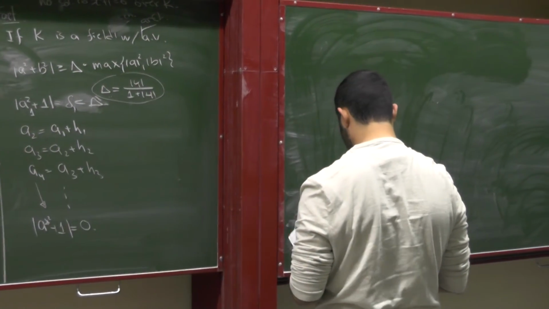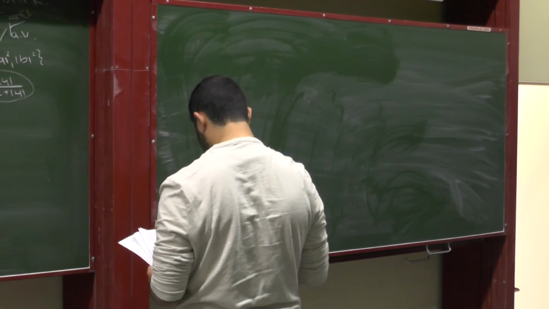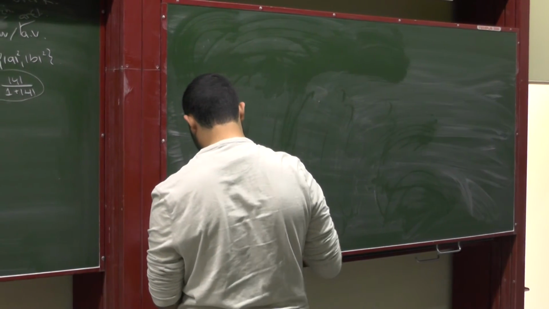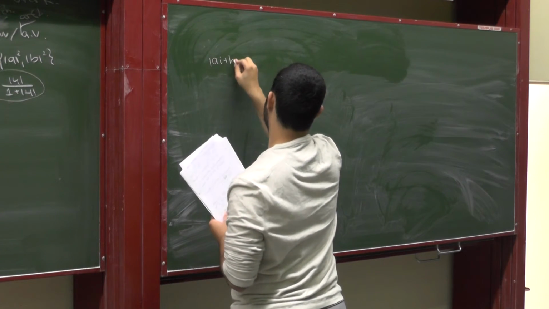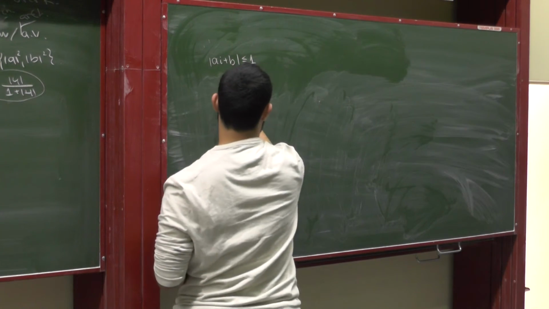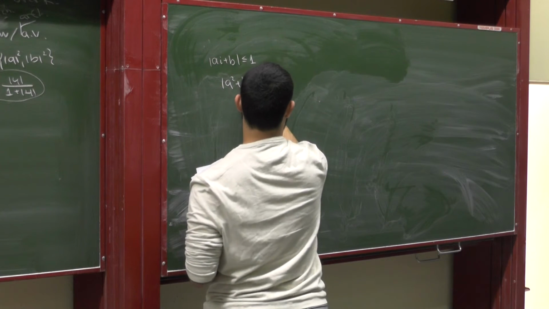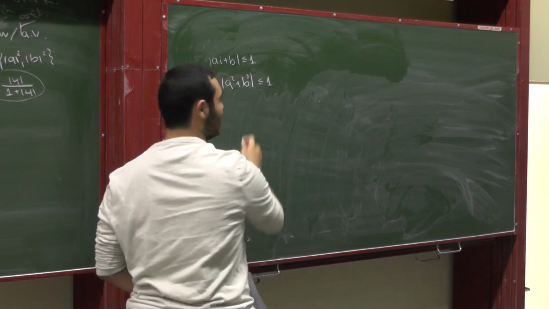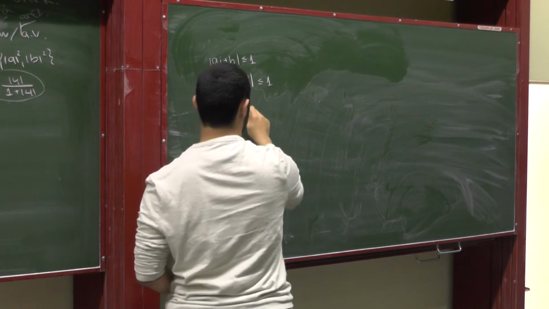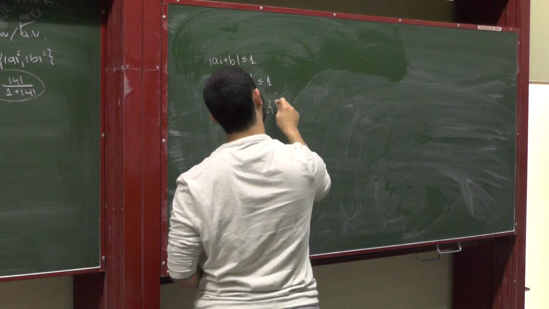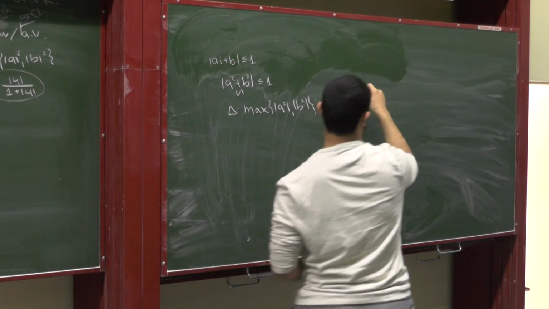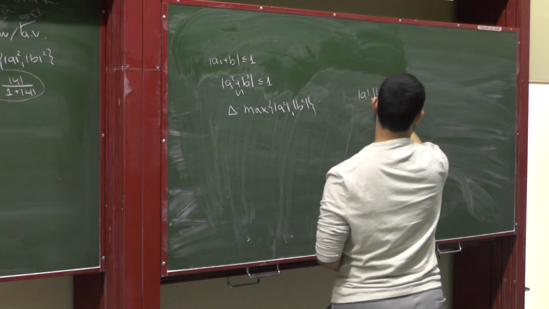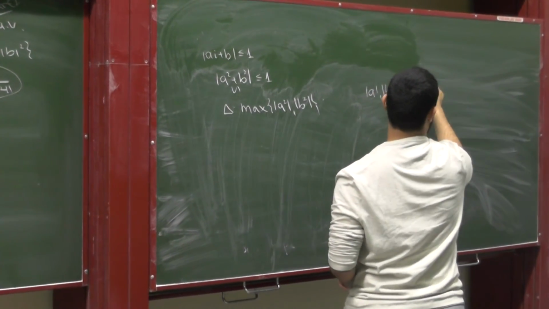Just let me make this take this later. If I put in all that I want, this is basically saying that if this happens, this is at least this constant delta times the maximum of A squared and B squared. So the absolute value of A plus iB is at least this.